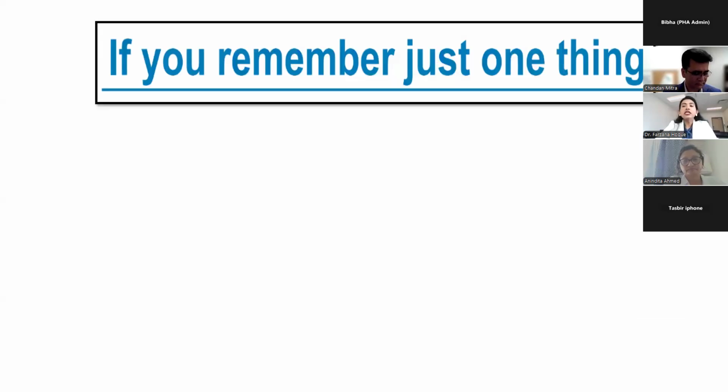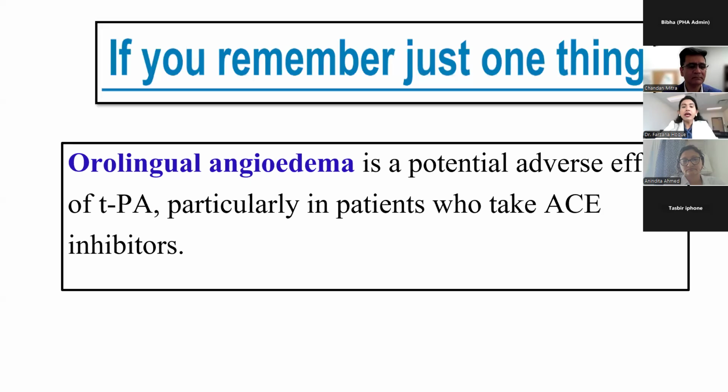If you remember just one thing from this case, it is that orolingual angioedema is a potential adverse effect of TPA, particularly in patients who take ACE inhibitors. However, it is important to notice that our patient was not on an ACE inhibitor, so it can also happen if the patient is not on an ACE inhibitor. So I will invite one of our panelists to share their expert thoughts before we proceed to clinical case 2.